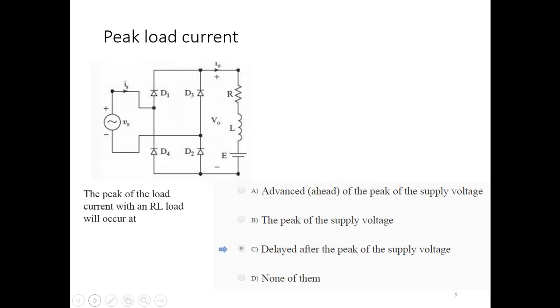Like the peak load current, what the question says, the peak current with an RL load will occur delayed after the peak supply voltage. You know that if you have an RL load, there is a power factor angle, and that angle is tan inverse of omega L by R. This is the impedance angle.